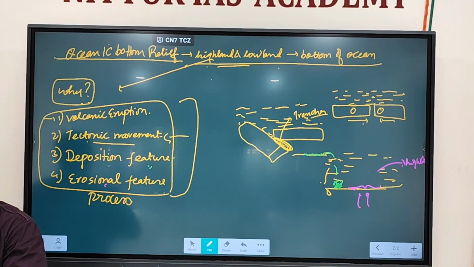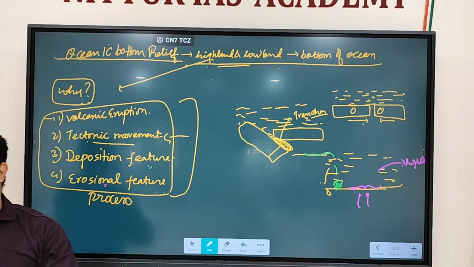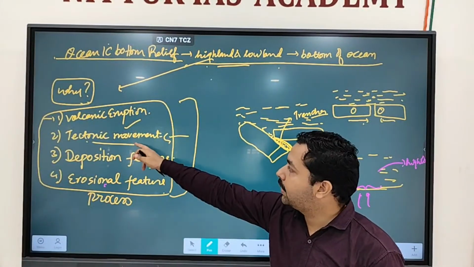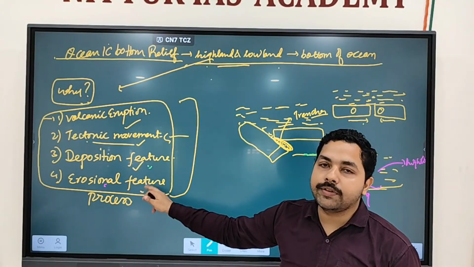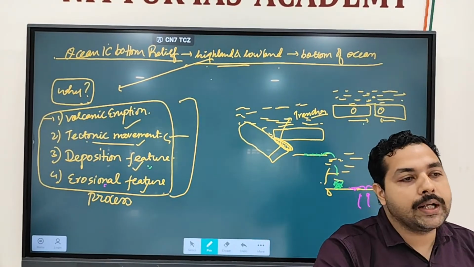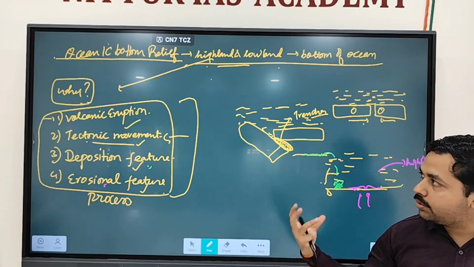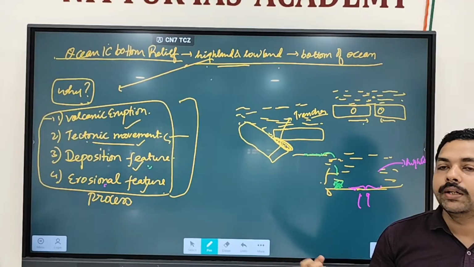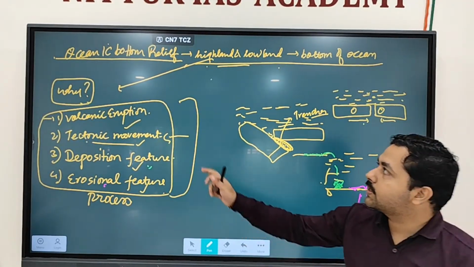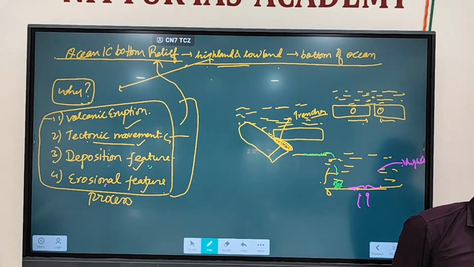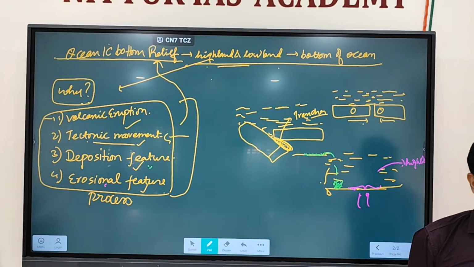It is the highland and lowland features of the oceanic bottom, created due to volcanic eruption, tectonic movement, depositional feature, and erosional feature. These are referred to as oceanic bottom relief.